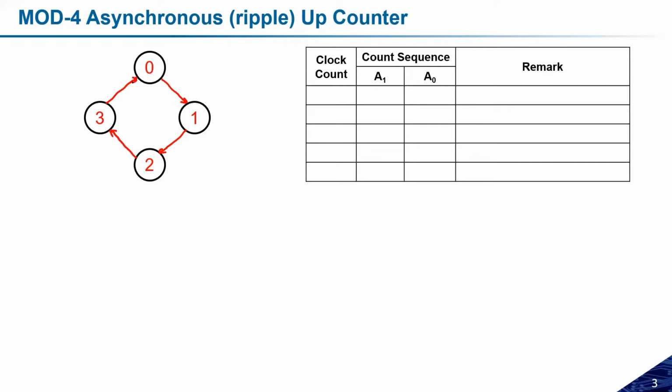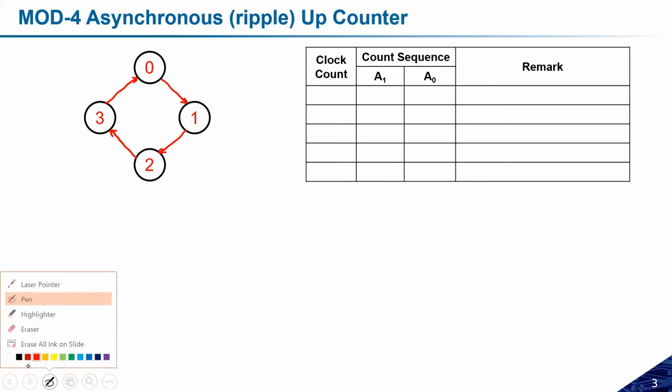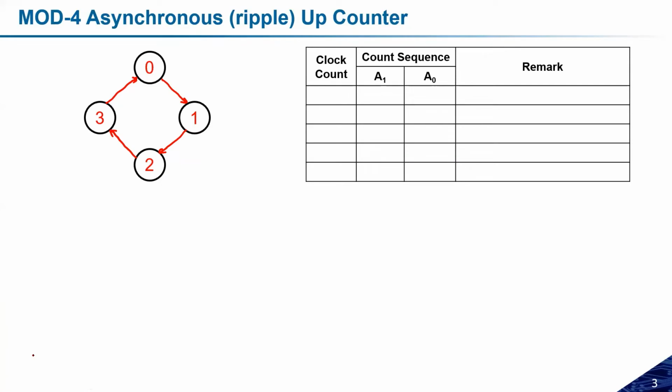So let us see what will be the count and what will be the sequence that I have to follow. The counter will start from 0, go to 1, go to 2, go to 3, and again it will be reset to 0. So this is the clock count sequence.